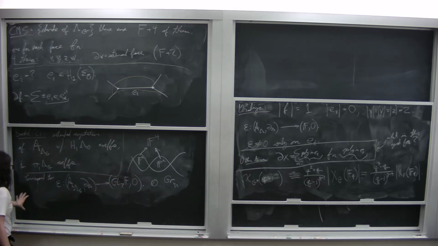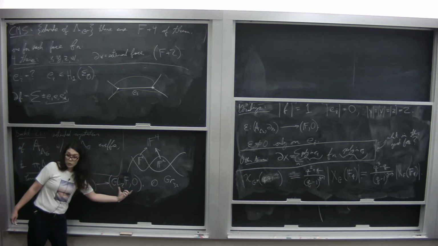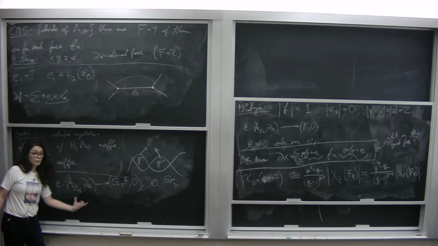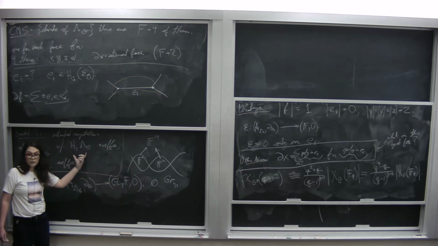Anyway, since this is non-commutative, it's very important to keep track of the full non-commutative structure here. And in particular, we have to be using pi1 coefficients rather than just h1 coefficients.